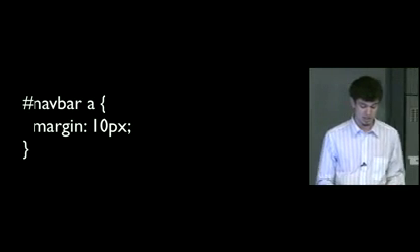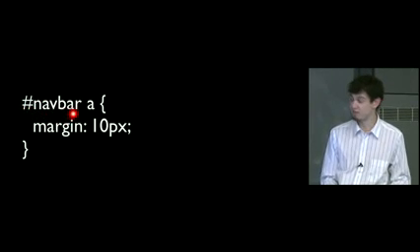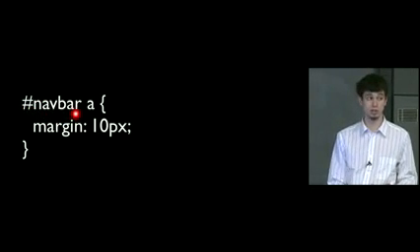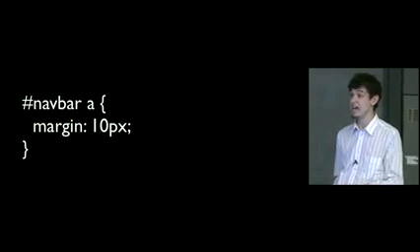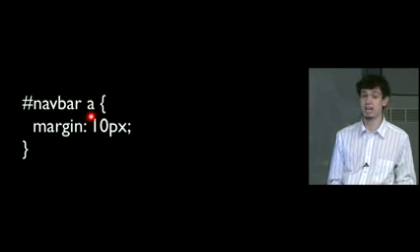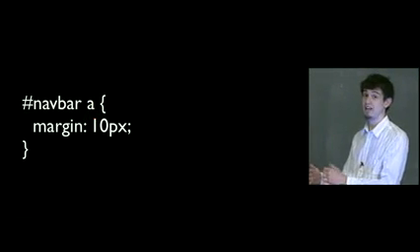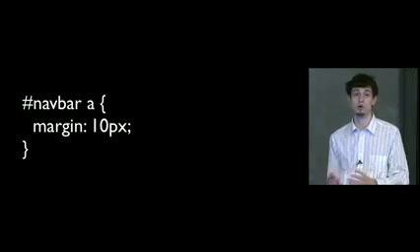So by using a CSS selector that looks like this, we're going to say first, select the navbar, which could be an unordered list, for example, with the ID navbar. And inside of that, there were probably a bunch of A tags. Now for all of the A tags that are only inside of navbar, then I want to set those margins.